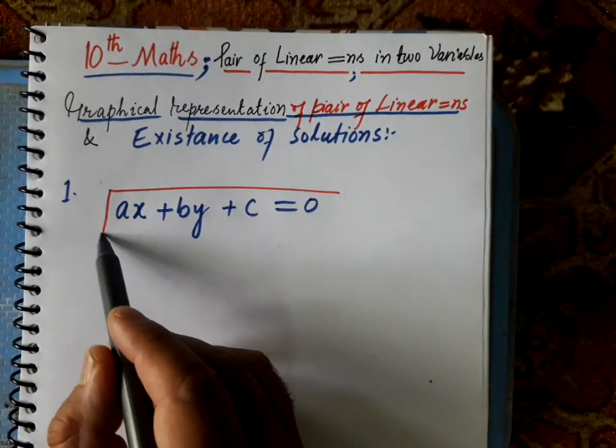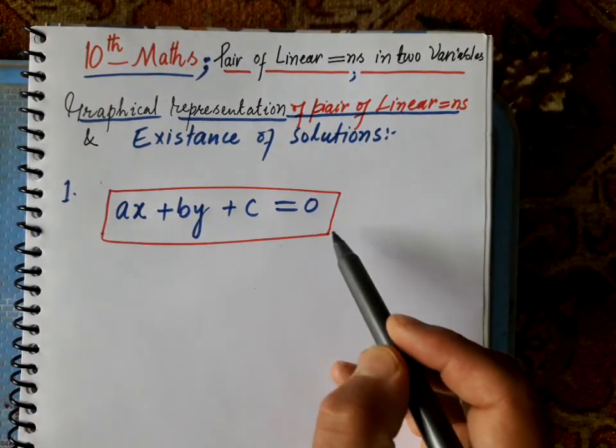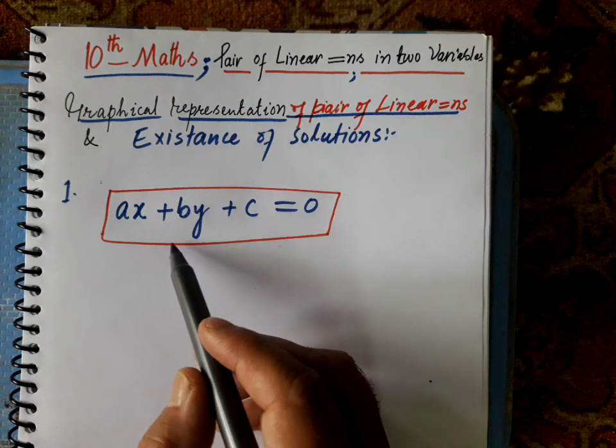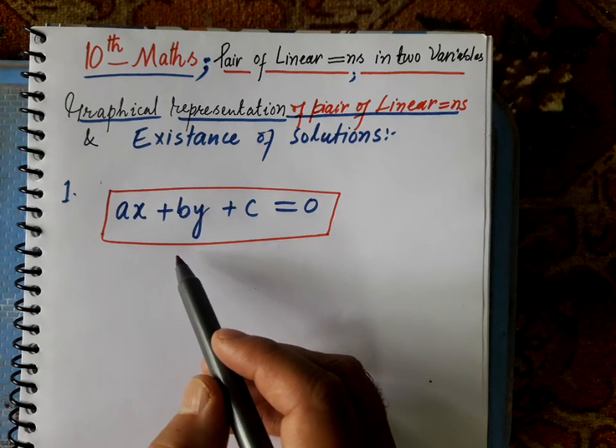This is a linear equation in two variables x and y. It is the general form of a linear equation.